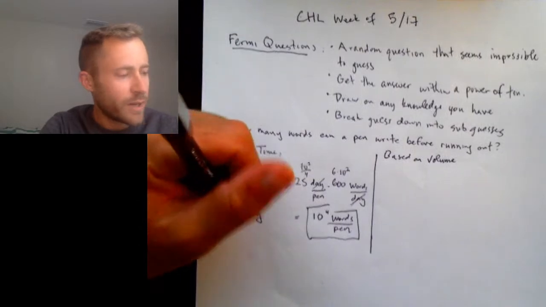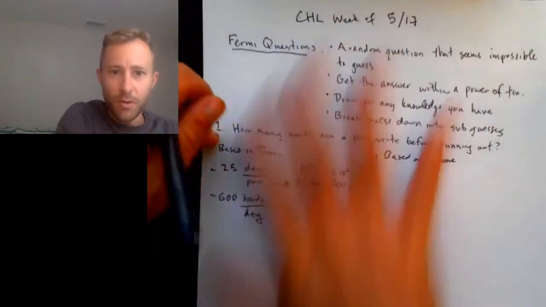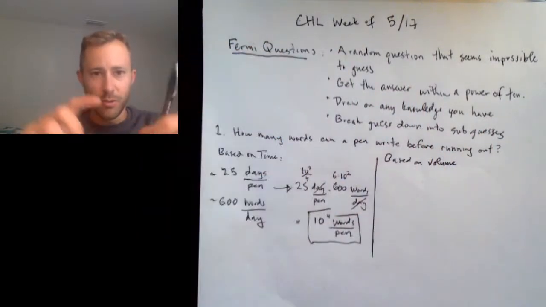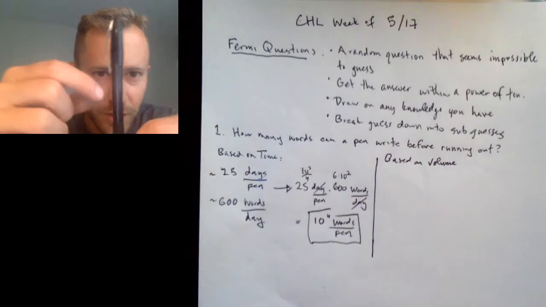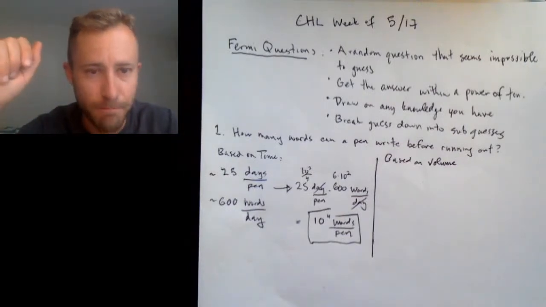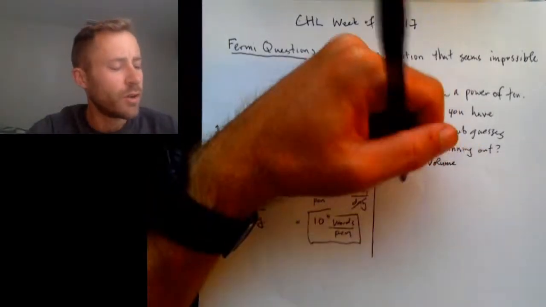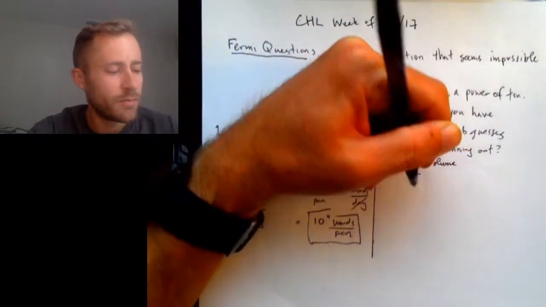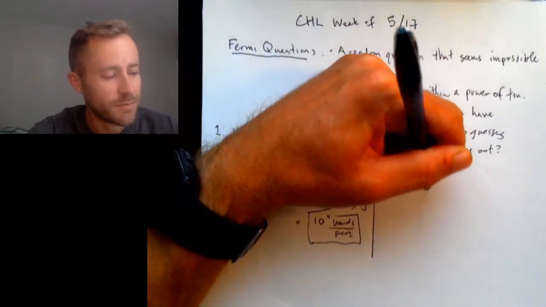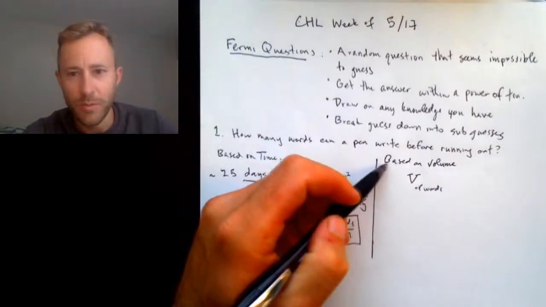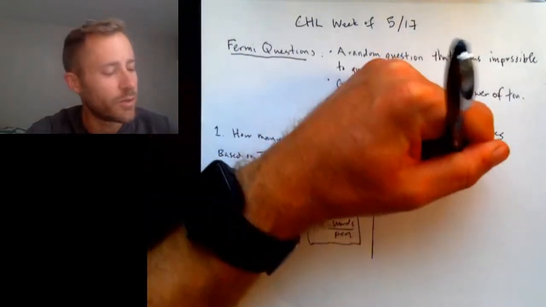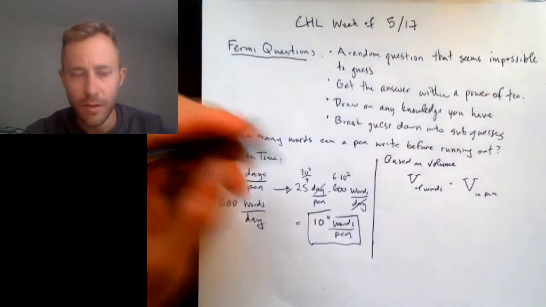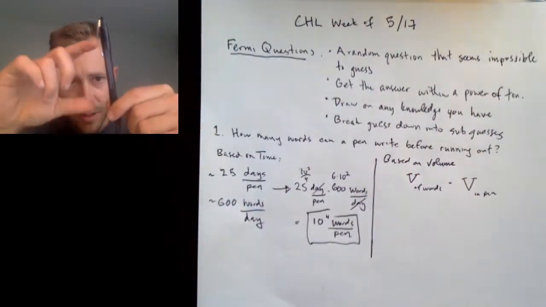I'm going to use the fact that the total volume of all the ink that I have put onto the page is equal to the volume that is within the little cylinder inside the pen. Okay? So I'm going to use the fact that the volume of the ink in the words is equal to the volume of the ink in the pen. Okay? Now the pen is stored in a cylindrical container.